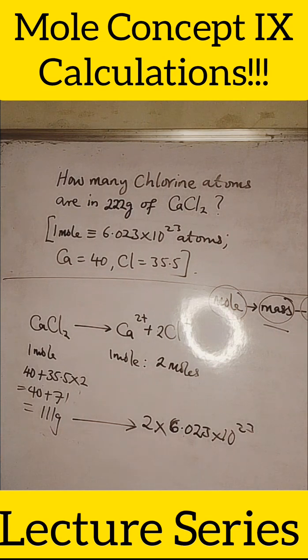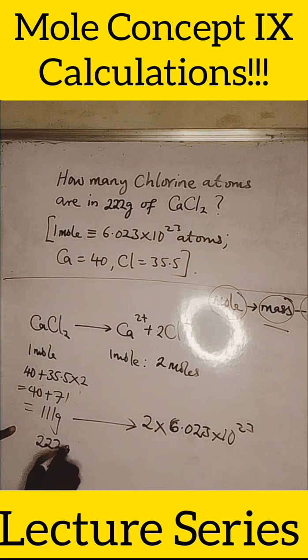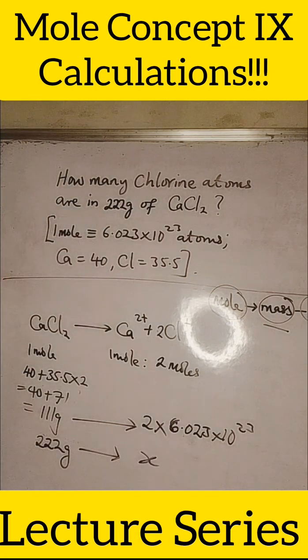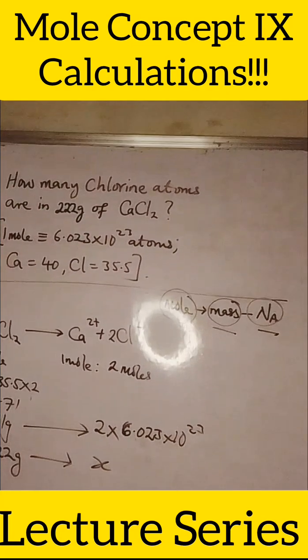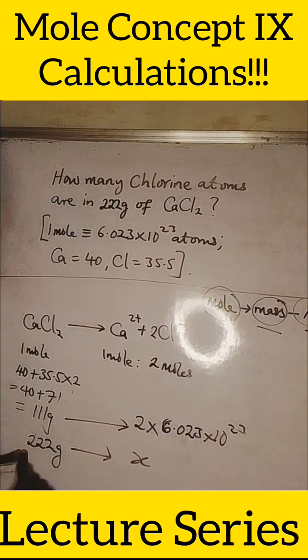Having known this, the question now says 222 grams. 222 grams would produce what? Let's say X. Now, you do proportion, by saying this number divided by this number equals X divided by this.